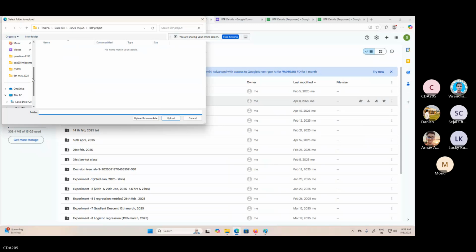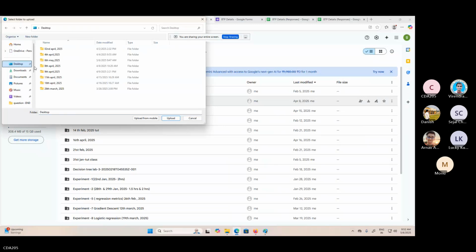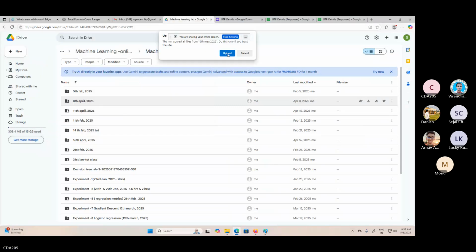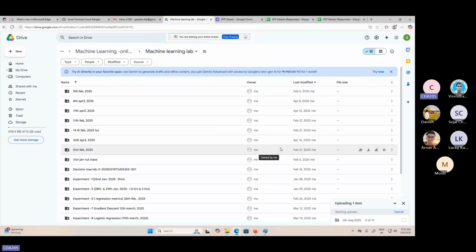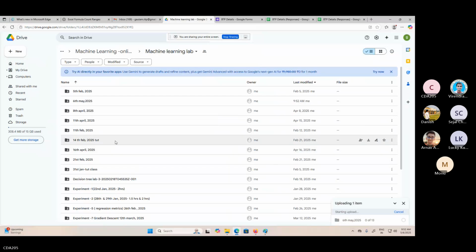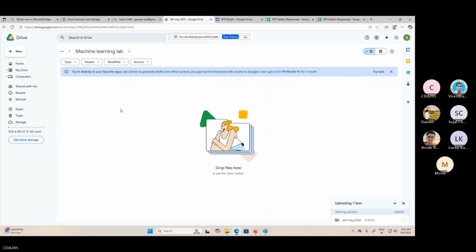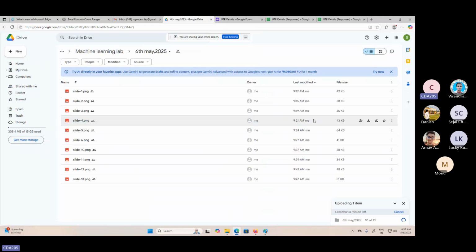Today is May 6th, so in the drive you can find the 6th May material, which has whatever we have revised on supervised learning.